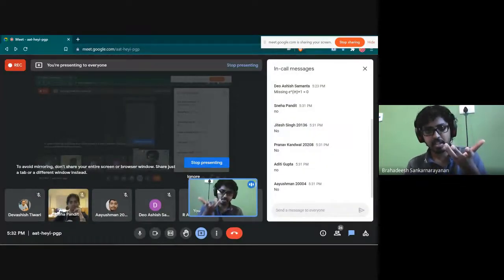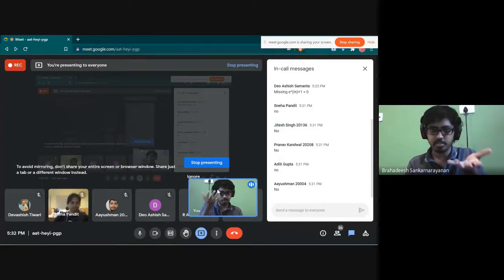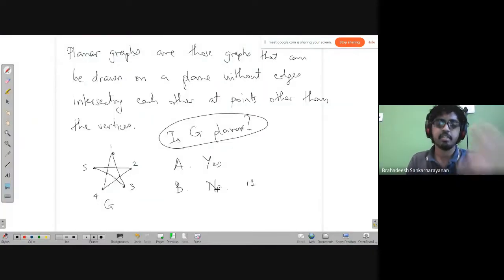The data of a graph is what are its vertices? Which edges are there between which vertices? How I draw it is up to me. I have chosen to draw it like this. In this way, obviously there are intersections between certain edges which are not occurring at the vertices. There are extraneous intersections. Can I somehow redraw this graph such that these intersections can be removed?